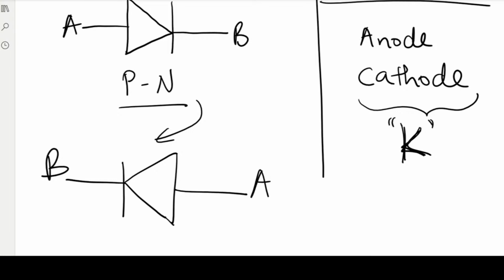All right. So remember I said K sounds like cathode. Let's use a highlighter right now. So let's find K. Remember cathode, K for cathode. The junction that looks like the letter K is your cathode. Okay.